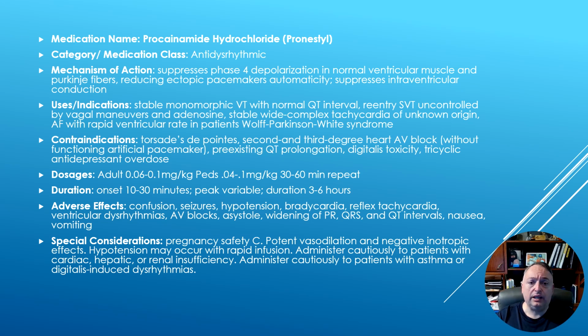It should not be given if the patient has prolonged QT syndrome or torsades or high degree heart blocks, 2nd and 3rd degree heart blocks, or they have a tricyclic antidepressant overdose. The only time we would give it is typically with AFib with RVR, and it would be a 20 milligrams per minute infusion, a drip.